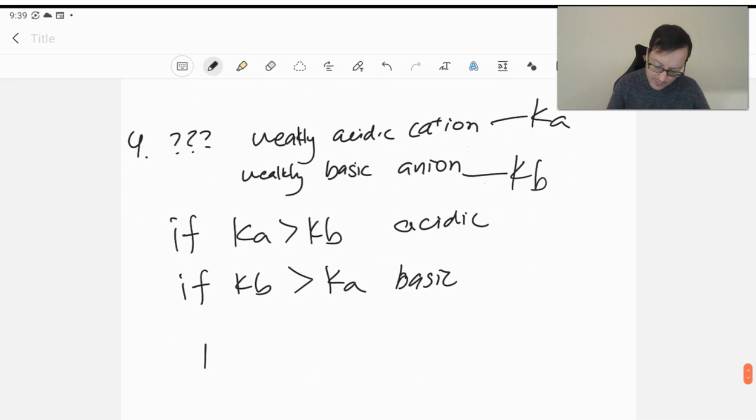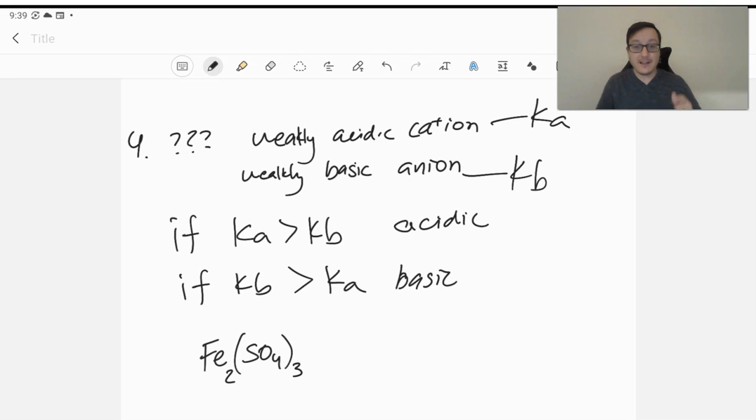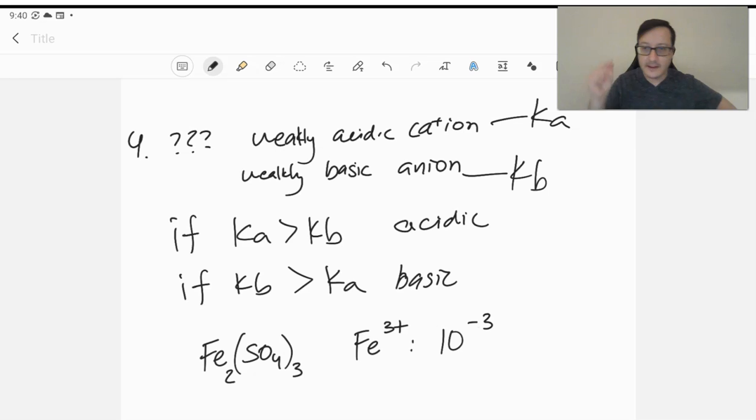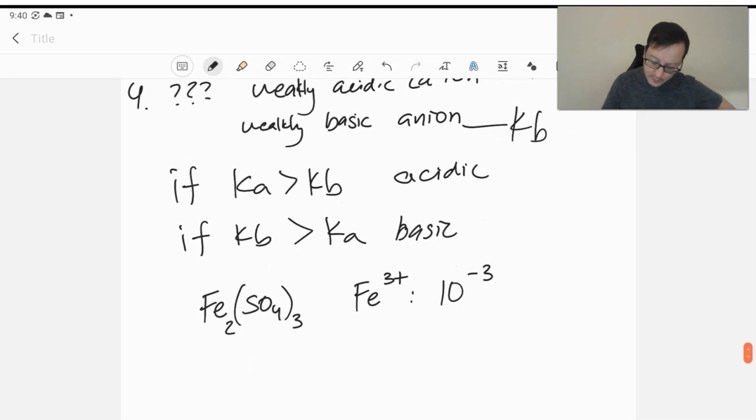So for example, if you have Fe, what's a really, really weak base here? How about sulfate. Something like this. When you look at the Ka of iron 3, it was something around 10 to the negative 3. I don't remember the real number. For sulfate, you'd have to look up in your Ka table.